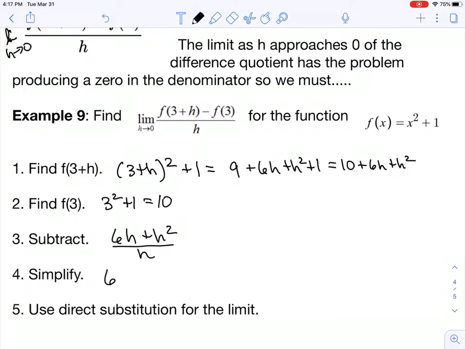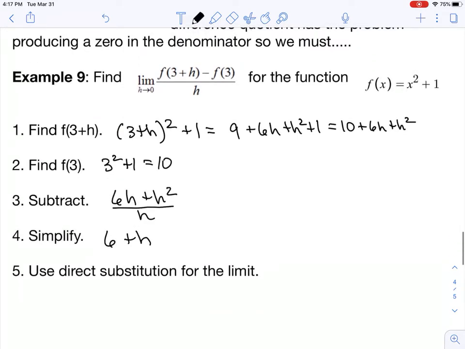Simplify, and I get 6 plus h. And now I can use the limit because I don't have a denominator anymore. The limit as h goes to 0 of 6 plus h is just 6. Okay?